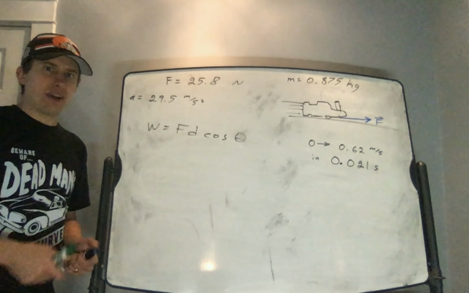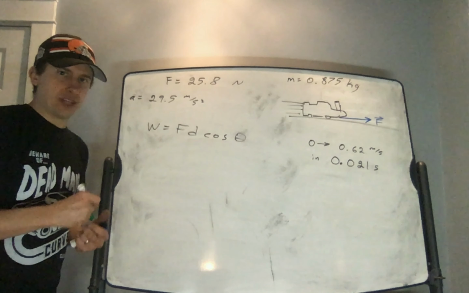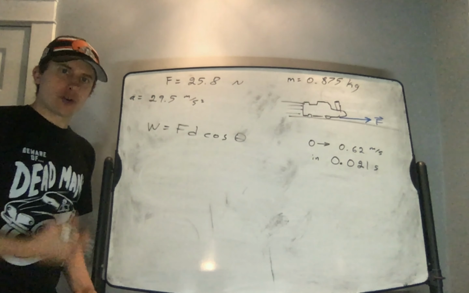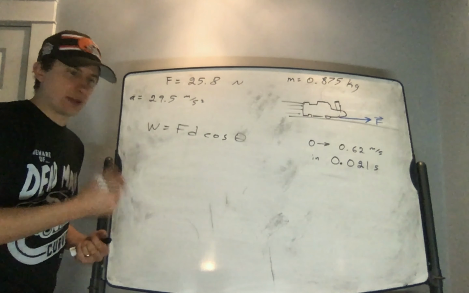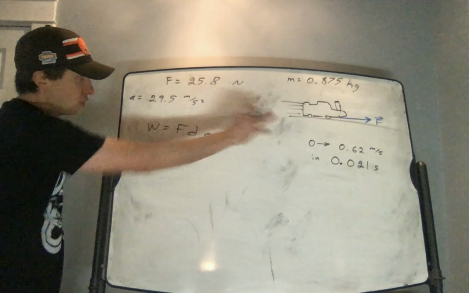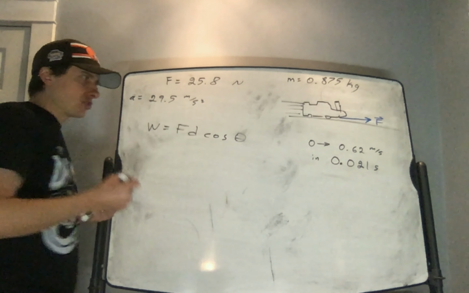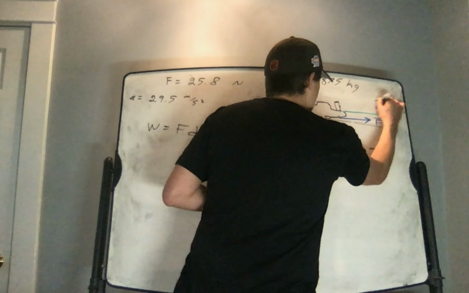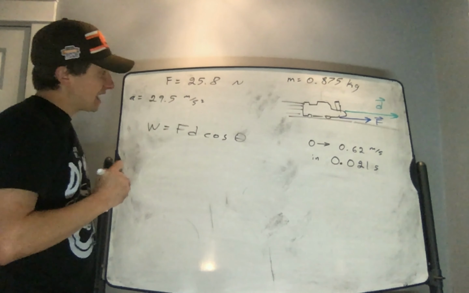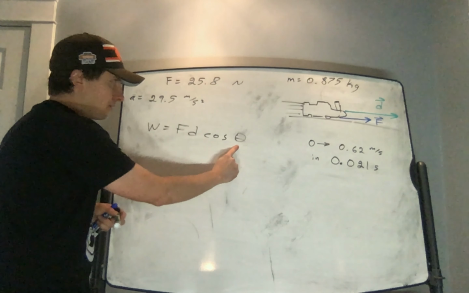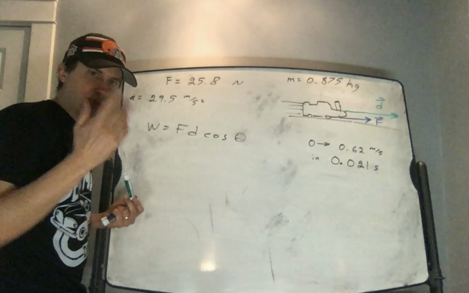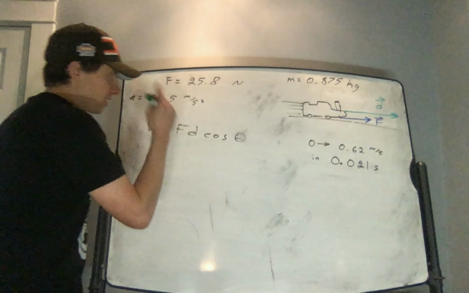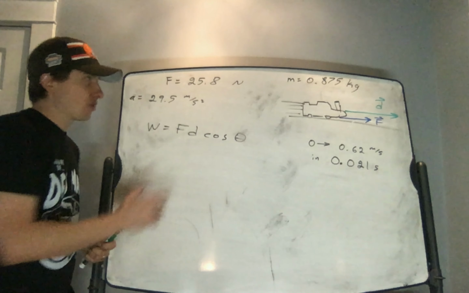Presumably, the force vector will point in the direction that the train is moving, because if we want to make an efficient motor, we're going to have the train move in the same direction that we push it. So the force vector will point along the track, and the train will move along the track. In this case, this implies that the angle between the direction of the force and the direction of the displacement is 0.